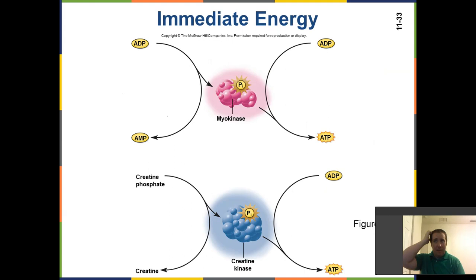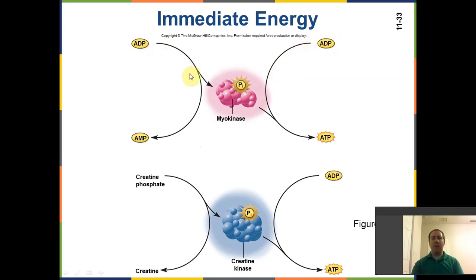Here we see the myokinase and the creatine kinase. So these are enzymes. Remember, enzymes are proteins that do something. They cause a chemical reaction to happen. And so these arrows are showing a chemical reaction. And so we have myokinase in the middle. We have two ADPs that come in.